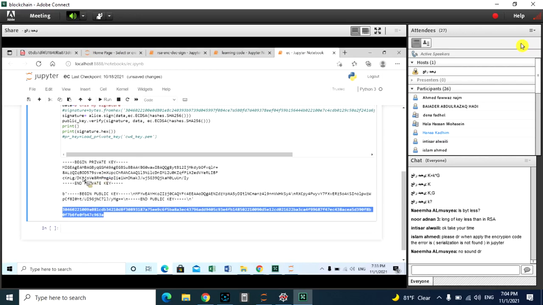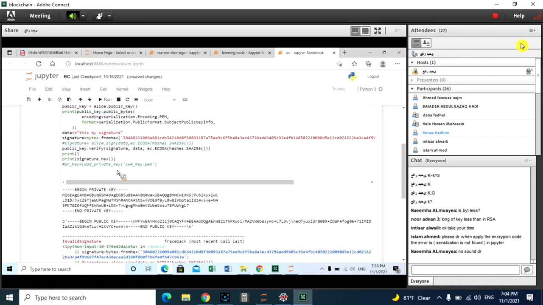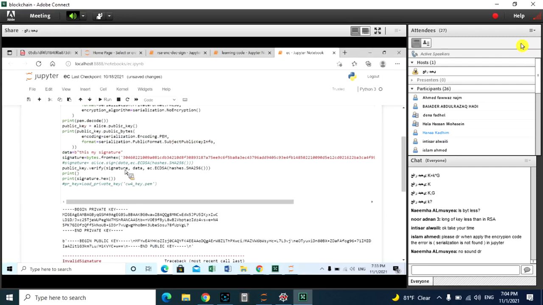Let's pass the data to the public key's verify signature. Now everything is printed.